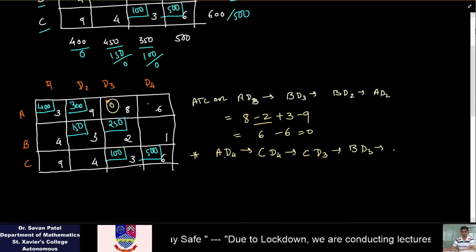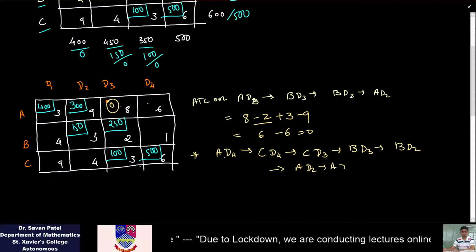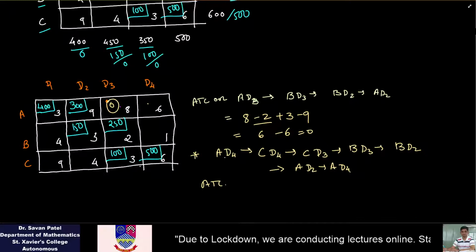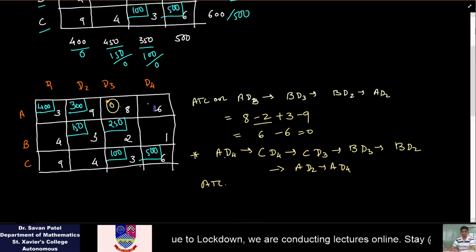From there we can go to B D2. From there we can go to A D2 and then come back to A D4. Let me draw a loop so you can get it. So the additional transportation cost is 6 minus 6 plus 3 minus 2 plus 3 minus 9.